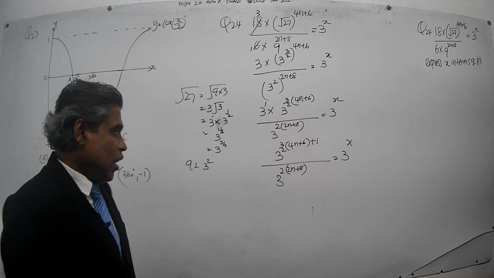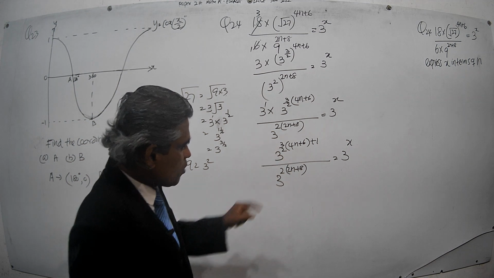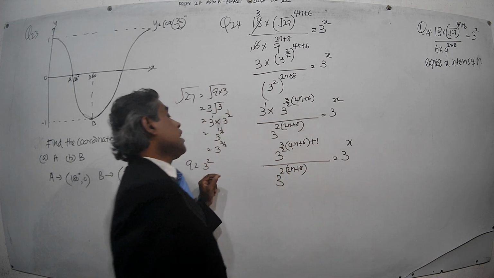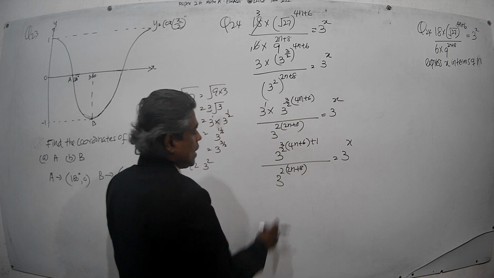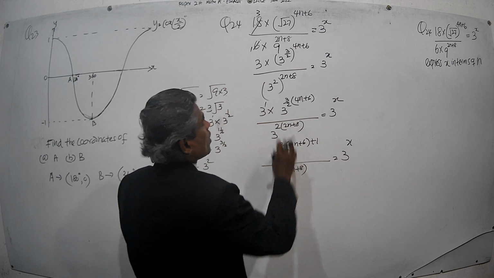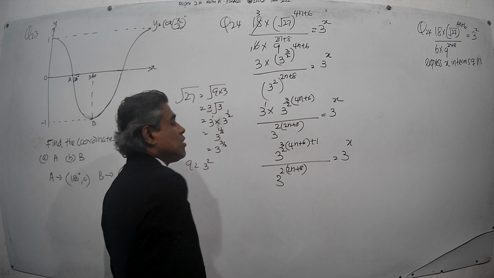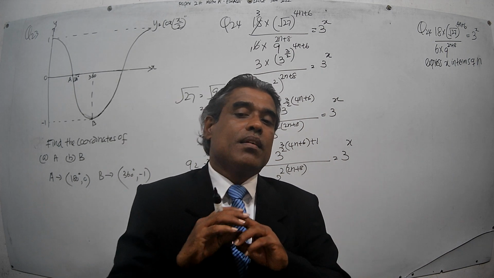Okay. Now here on this left side there are two indices of the same base to be divided. Then this one divided by this one. When you divide the indices of the same base, their powers are deducted.